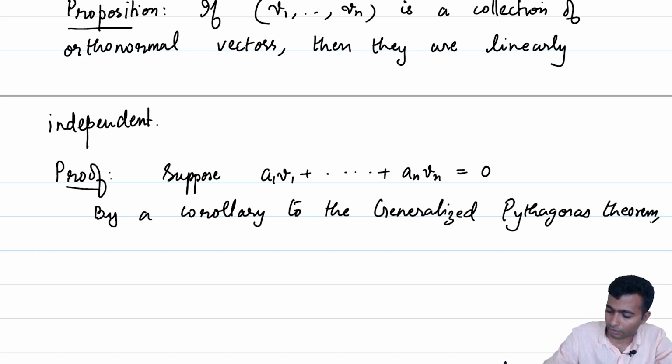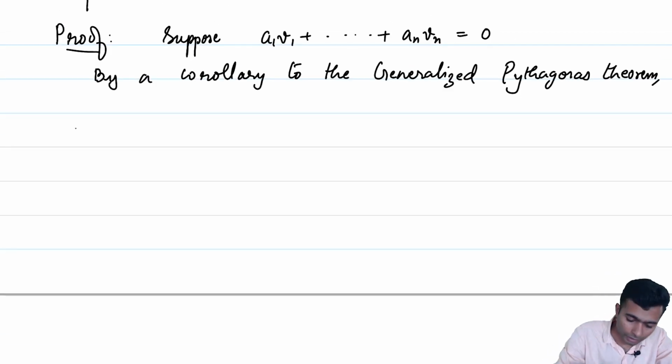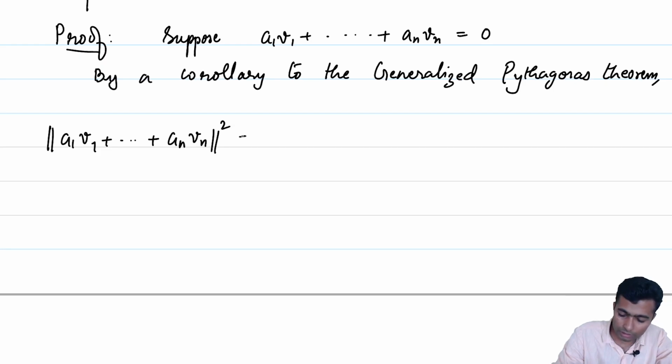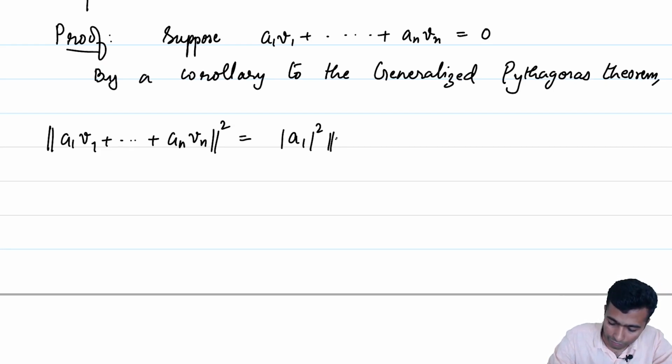What can we conclude? We can conclude that the length squared of a1 v1 plus up to an vn is going to be equal to mod a1 squared times length of v1 squared plus up to mod an squared times length of vn squared.